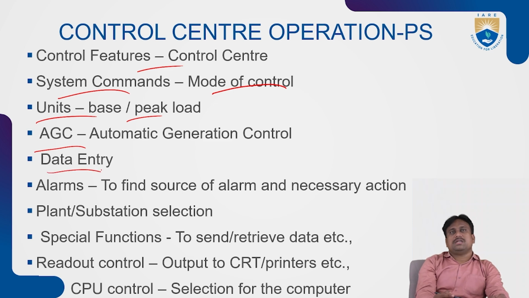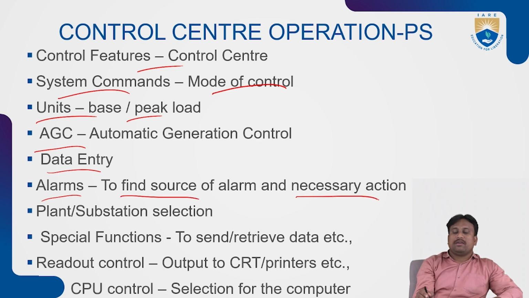It also considers the data entry process, providing alarms which find the sources of alarm and give the necessary action, and the plant or substation selections are most important here. One of the special functions is ready to provide sending or retrieving the data again.